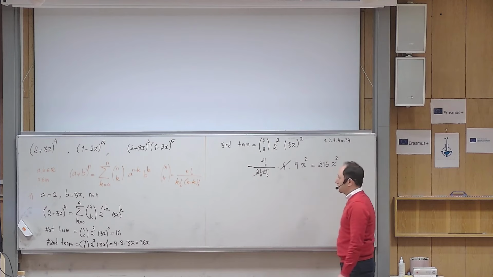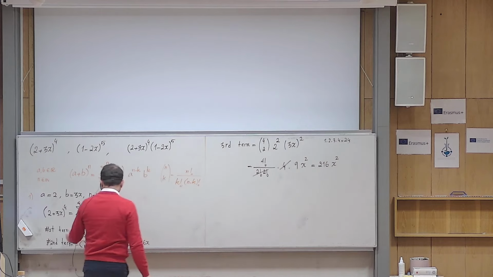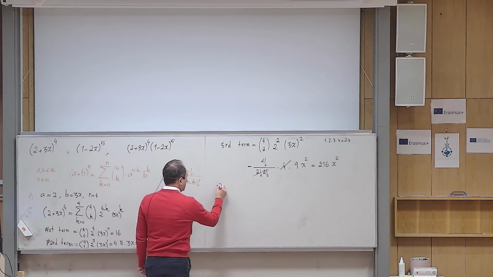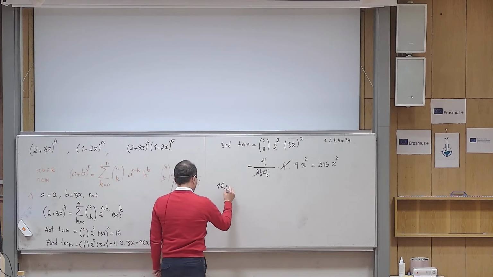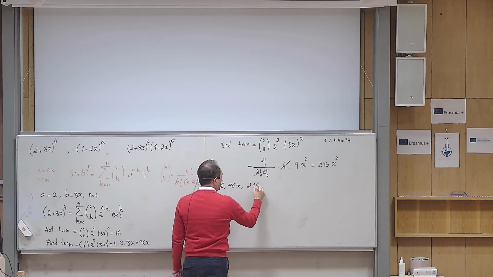So that is my third term. So if I want to write the terms in order, what was my first term? It was 16, and then the second one was 96x, and the third one is 216x squared.